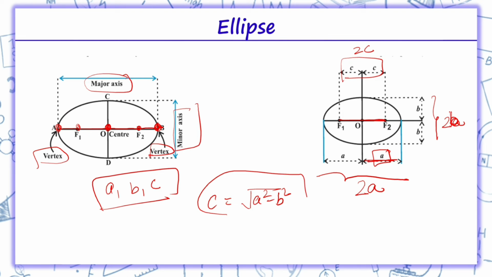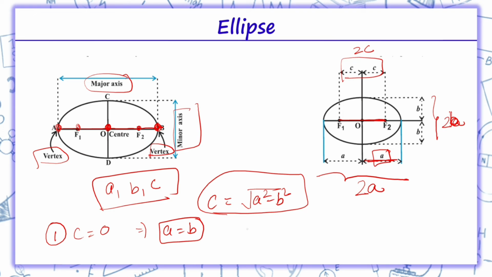Now there are some special cases of the ellipse. The first case is if c equals 0, which implies a equals b. When a and b are both equal, the resulting ellipse becomes a circle.